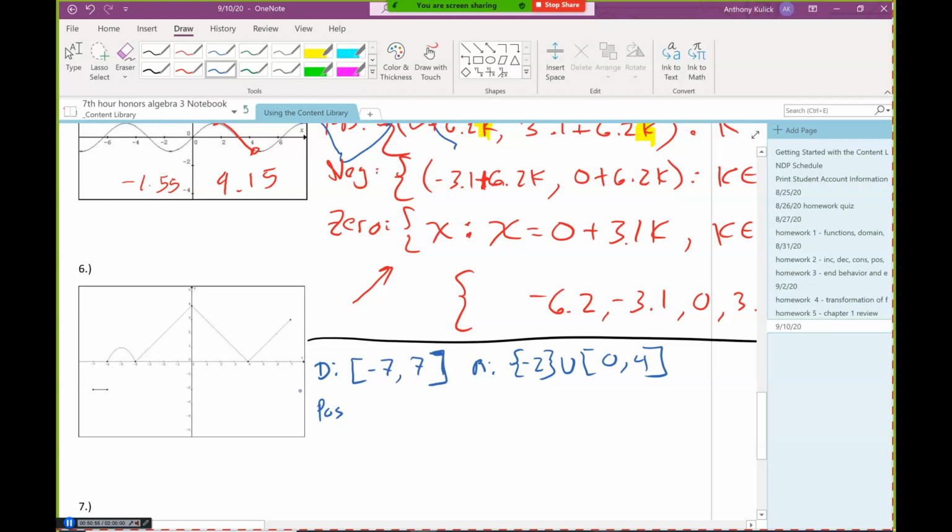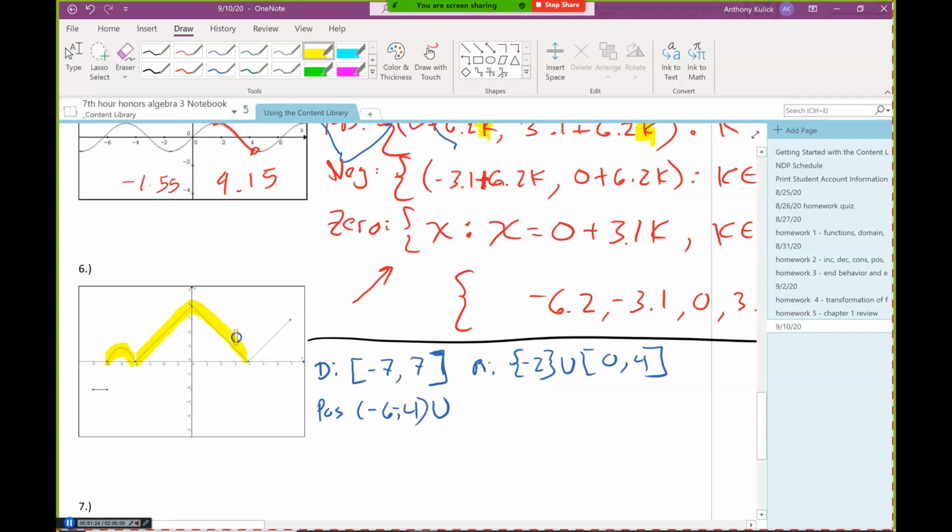So positive. How many positive parts do you see? You really need 3. So we have a positive part here that goes from -6 to -4. And then it becomes 0 at -4.